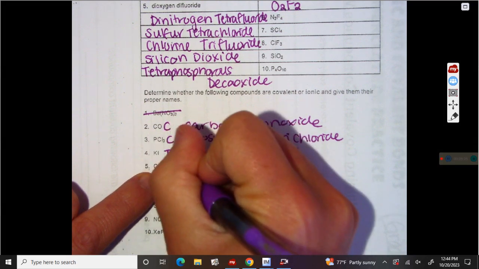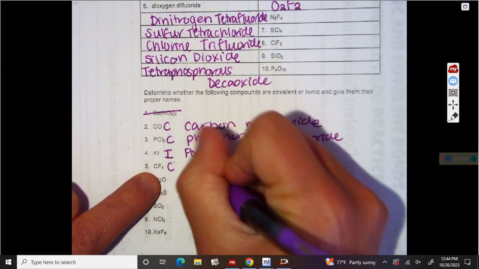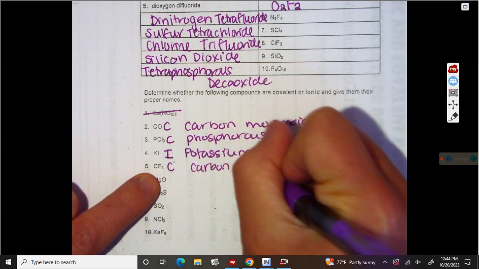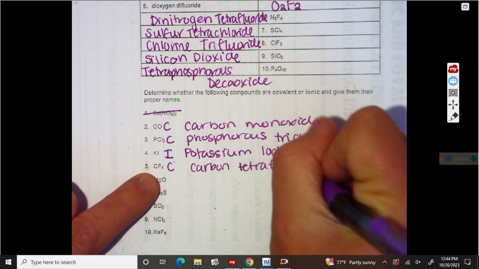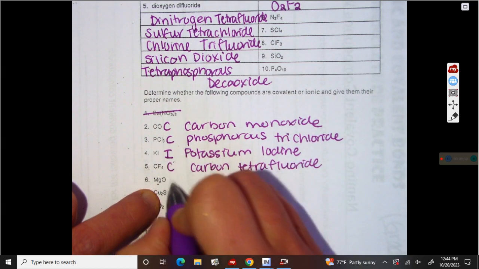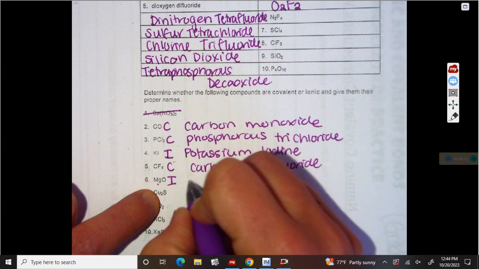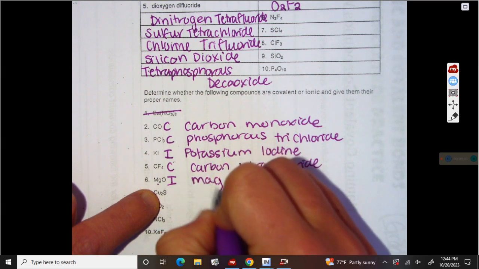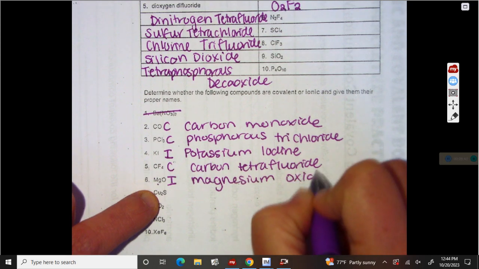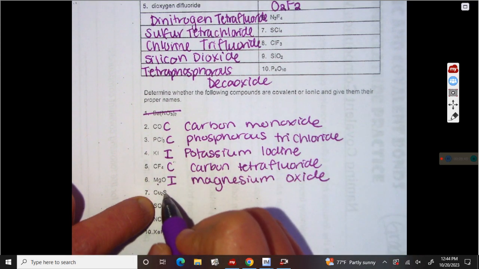Carbon and fluorine are both nonmetals, so it's covalent, and that would be named carbon tetrafluoride. MgO, that's a metal, so I've got ionic, and I just name it magnesium oxide. Cu2S.